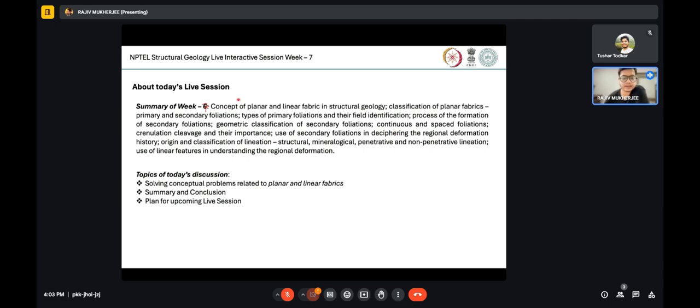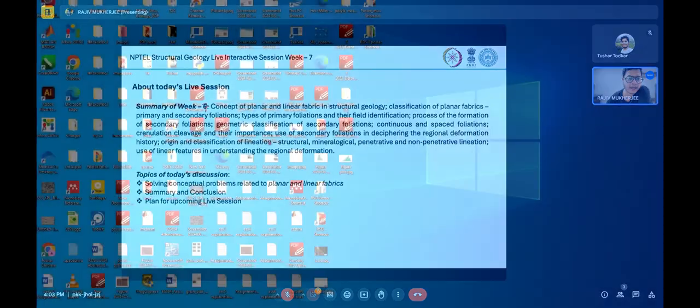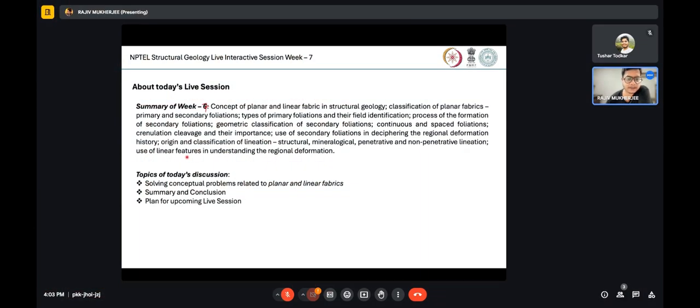cleavages and their importance, and the importance of secondary foliation that we use in deciphering the regional deformation history, origin and classification of lineation, which are linear features, linear fabrics such as structural lineation, mineralogical lineation, penetrative and non-penetrative lineation, and also the use of linear features in understanding the regional deformation.